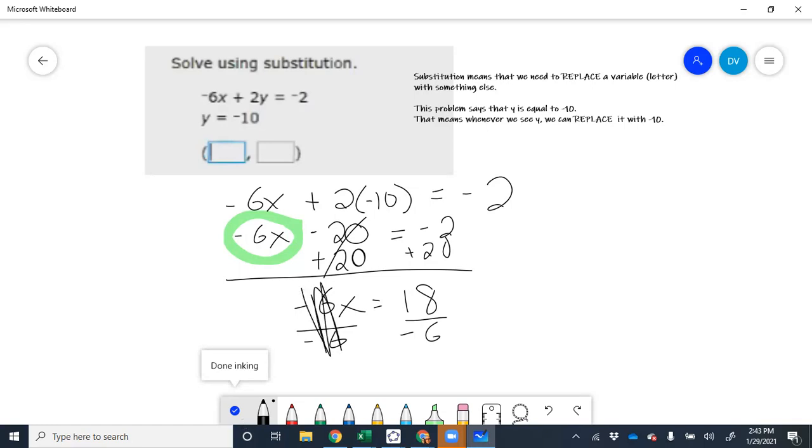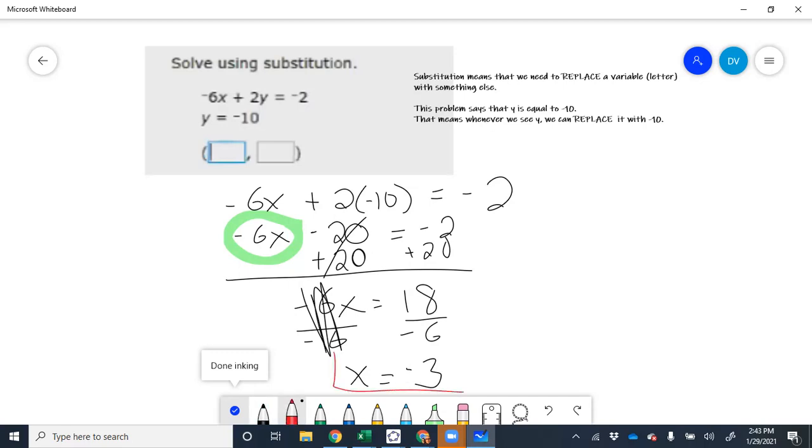We just cross that off, and we're left with x. I want you to tell me what is 18 divided by negative 6. 18 divided by 6 is 3, but 18 divided by negative 6 is negative 3.